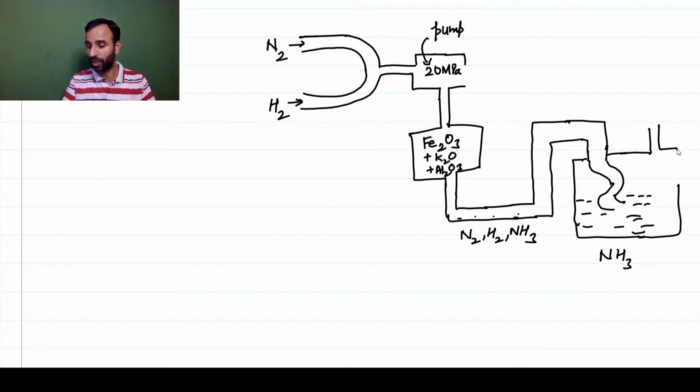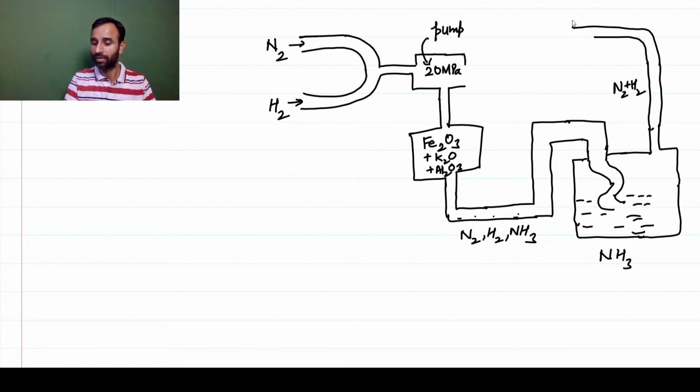Now the rest of the things, the leftover N2 and H2, further go back. Again there is a pump, it sucks the nitrogen and hydrogen, and therefore it is further mixed.